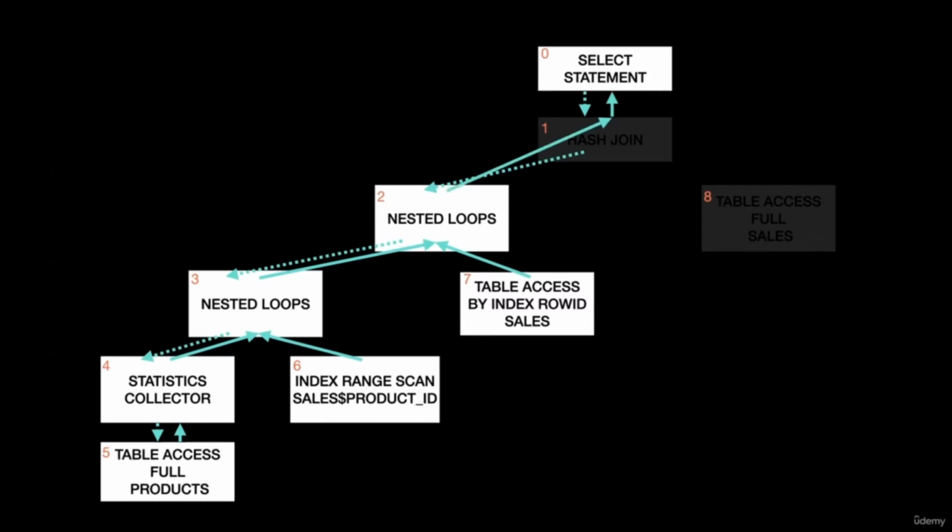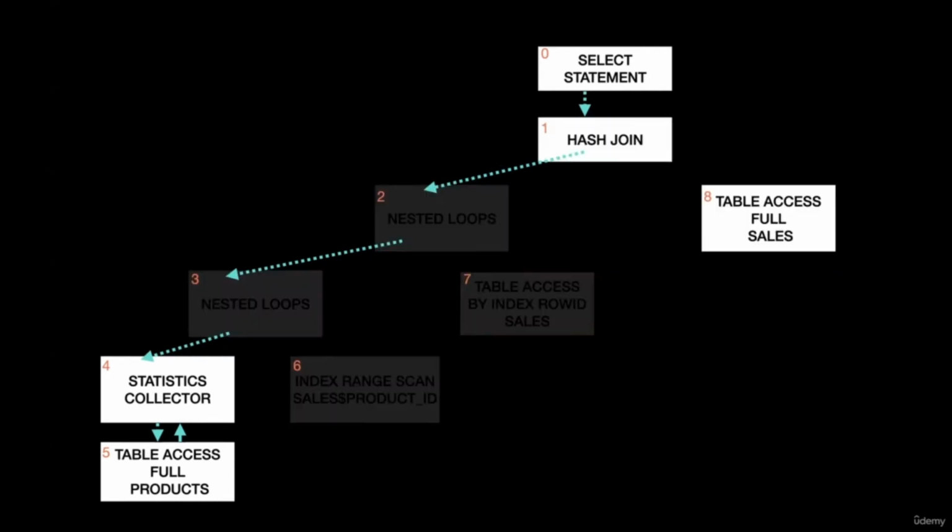Let's look at the alternative plan with hash join. The statistics collector ID equals 4 captured rows from products above the threshold and passed them to step hash join ID equals 1. In hash join, sets of rows from ID equals 5 and ID equals 8 are combined.